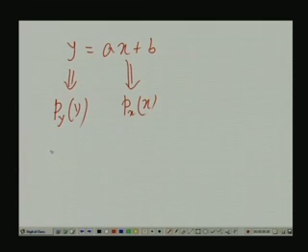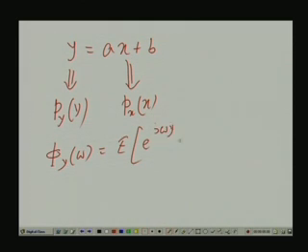Then what is phi_y(omega)? This is nothing but the expected value of e to the power j omega y, right, but y is a x plus b.